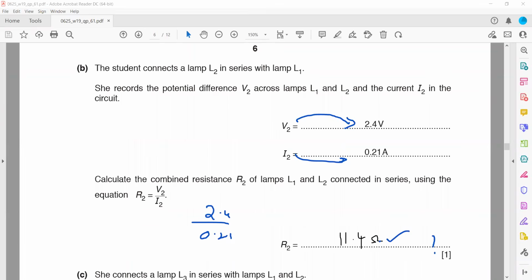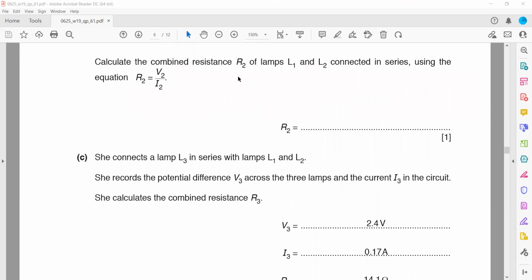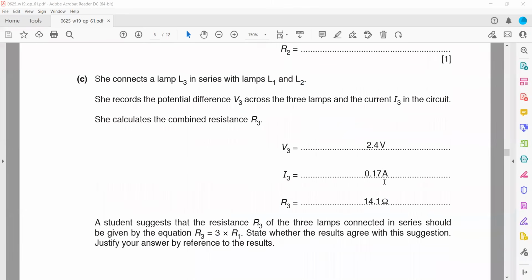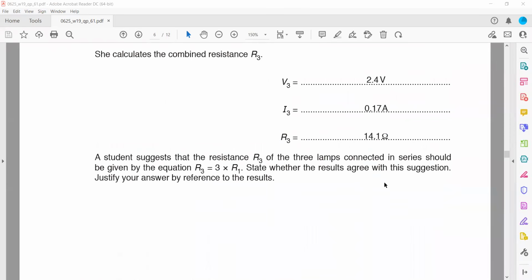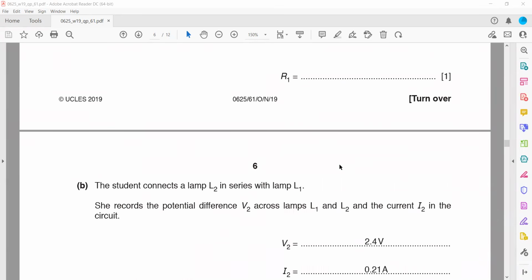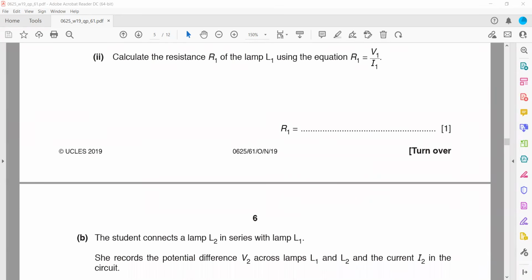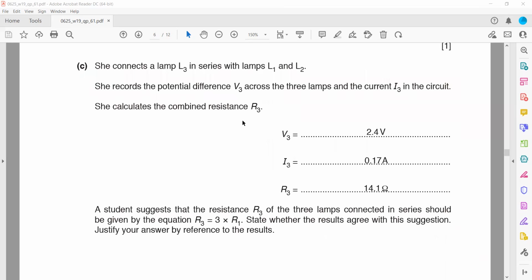Next part, he connects lamp 3 and the resistance is 14.1. A student suggests that R3 is 3 times R1. What was our R1? When we calculated it, R1 was 8.33.